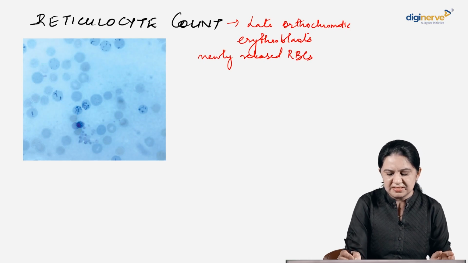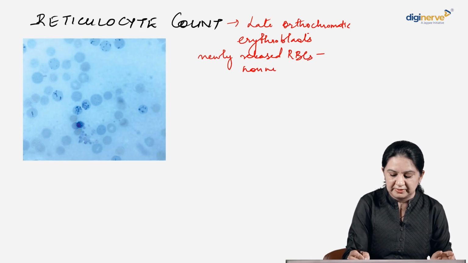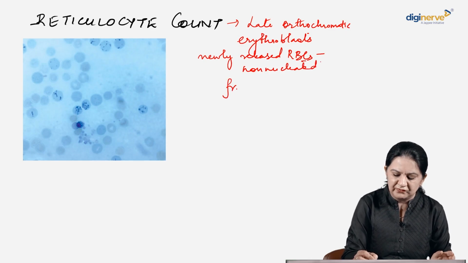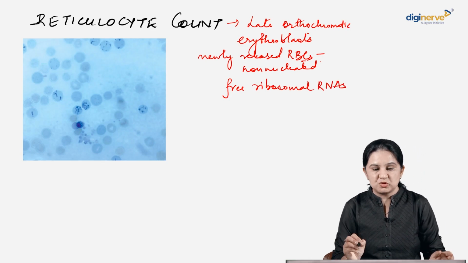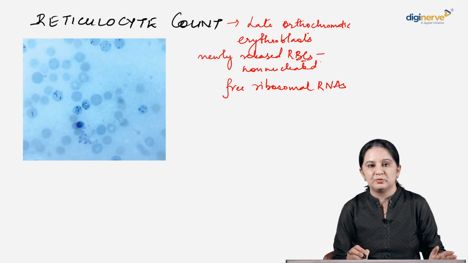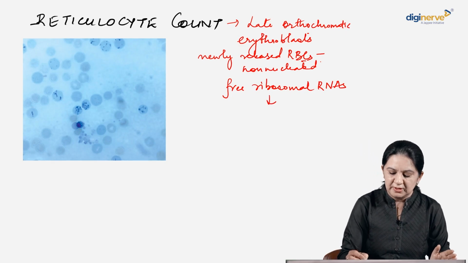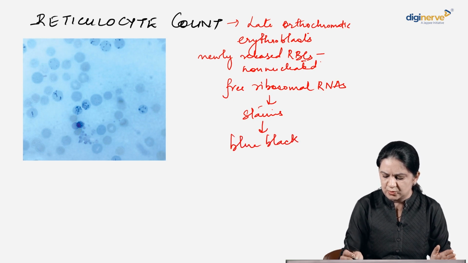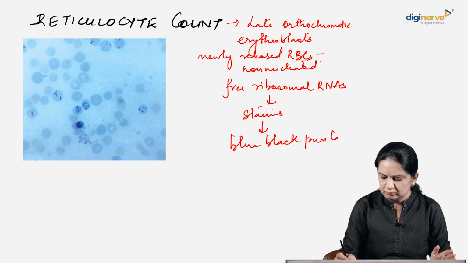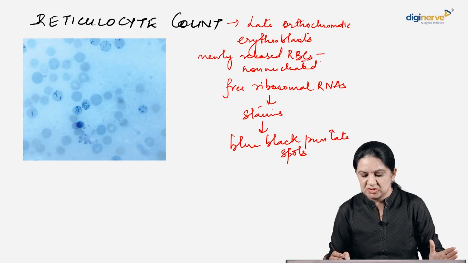They are non-nucleated, but they have free ribosomal RNAs. Now, these free ribosomal RNAs take up stains and they are stained as blue-black punctate spots.